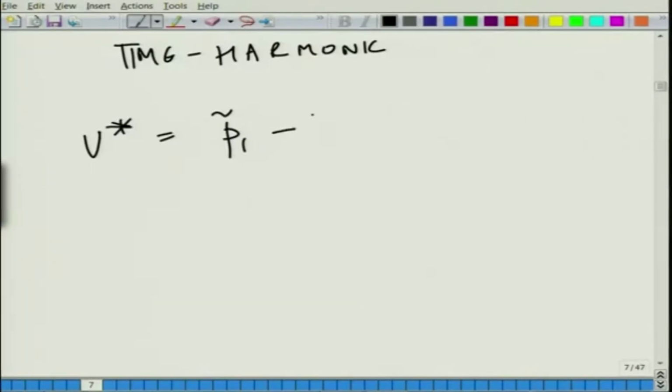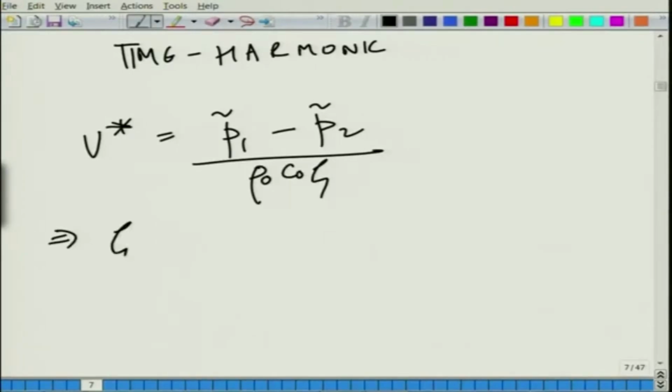So, P1 tilde minus P2 tilde divided by rho naught C naught zeta. In other words, the perforate impedance, that is the opposition that the perforate surface offers to flow, is P1 tilde minus P2 tilde divided by rho naught C naught u star. Okay. So, this is what we get.